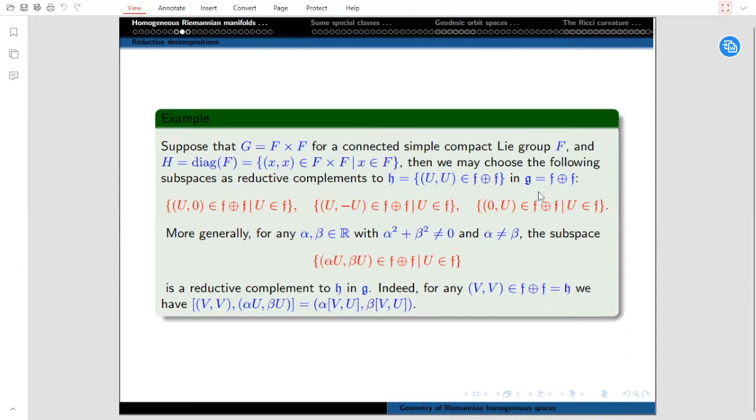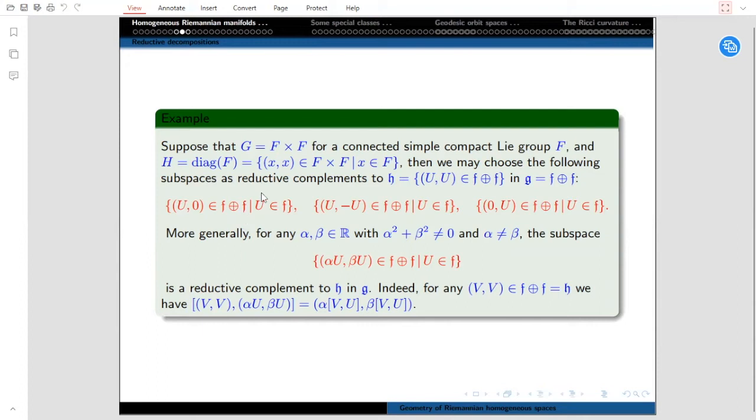And what we can consider as a reductive complement, for example, this set, this linear space. This has the form (U, 0). Therefore, we consider only the first non-zero component. And of course, we easily check that the dimension of this subspace is the same as F has.